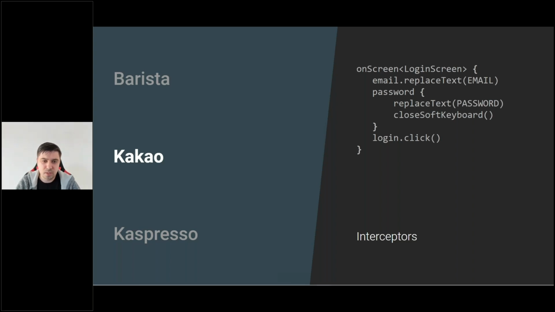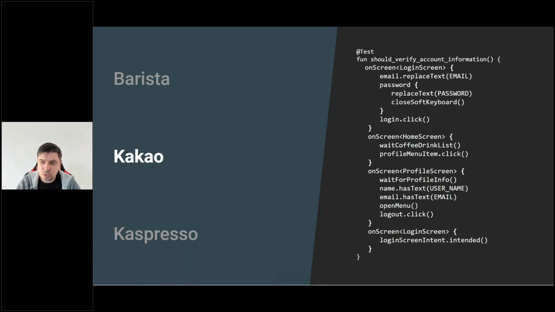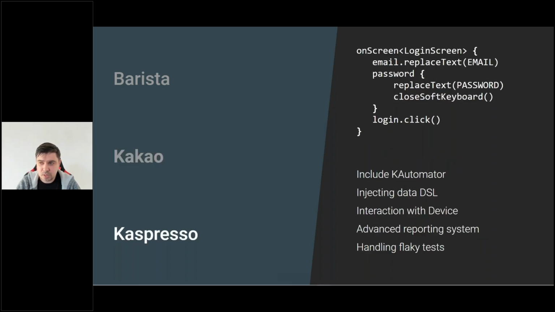Especially it was helpful a few years ago when the emulator was much worse than right now. And we have the Kaspresso framework, and Kaspresso is based on the Kakao framework. So it gets DSL from Kakao, but in addition to it, it also includes K-Automator.